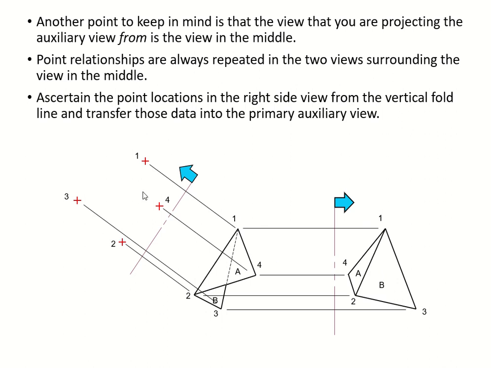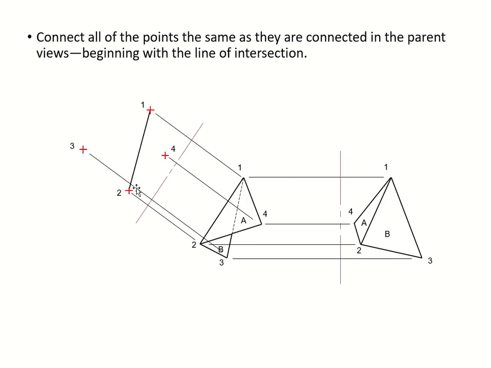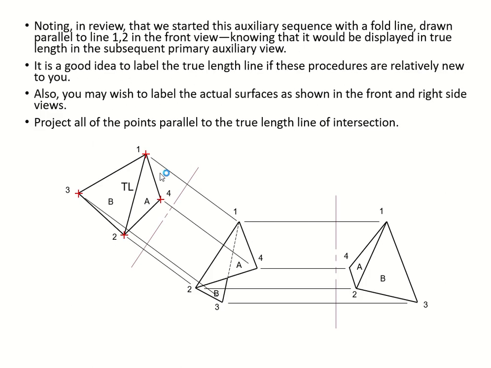We keep these and project them. Here is your line 1, 2 edge view. We get the edge view first, then we close all of the other points: points 1, 3, 2, and 4.